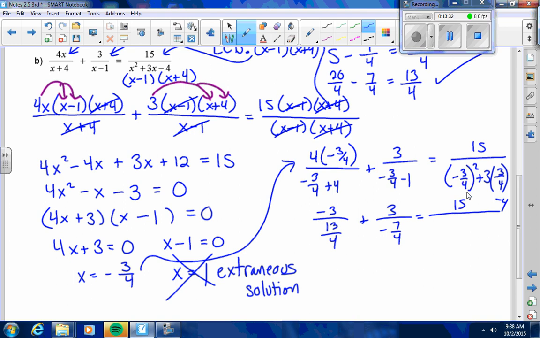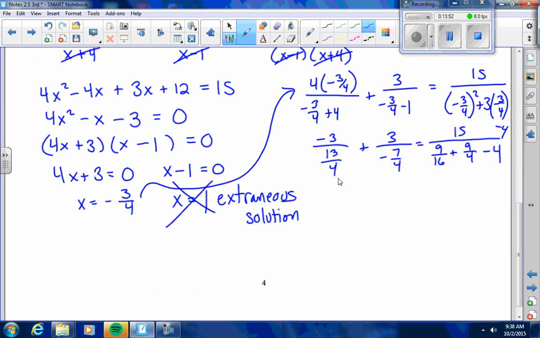Okay, we're going to get there. 15 over negative 3/4 squared becomes positive. 3 squared is 9. 4 squared is 16. Plus 3 times 3/4 is 9/4 minus 4. Okay, this guy, negative 3 divided by 13/4 means we multiply by the reciprocal.